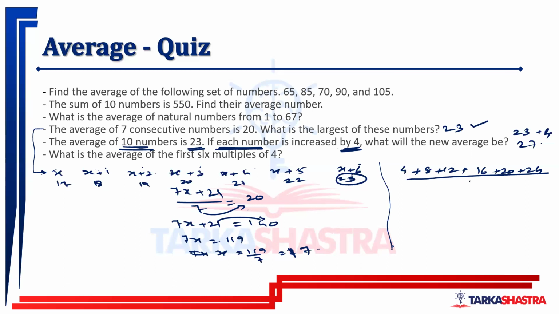So the addition of 6 quantities upon the number of quantities, that is 6. So 4 plus 8, 12. 12 plus 12, 24. 24 plus 16, 40. 40 plus 20, 60. 60 plus 24 is 84. When divided by 6, we get the average as 14.